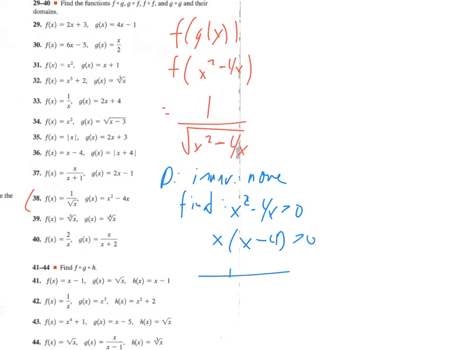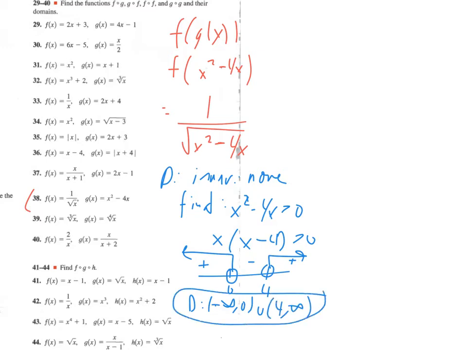So I'm going to factor that. And then I need to do some test points here. So I'm going to do 0, I'm going to do 4. These are both open dots here. And if you test it out, it's going to go plus minus plus. I kind of just think of this as a positive parabola. So the domain on this one would be negative infinity to 0, and then 4 to infinity.